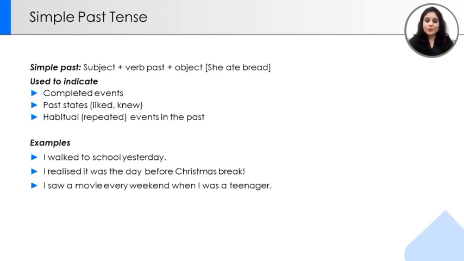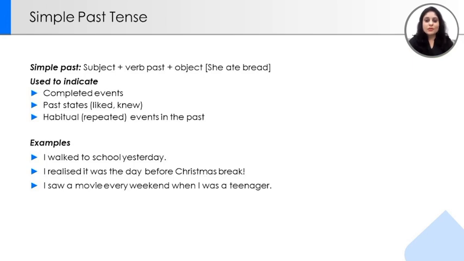The first form of the past tense is the simple past tense, and its structure, as you can see, is very simple, like the simple present tense that we had discussed earlier. Let us now see how this tense is used in the English language. The simple past tense is used to denote completed events and actions that have happened in the past.